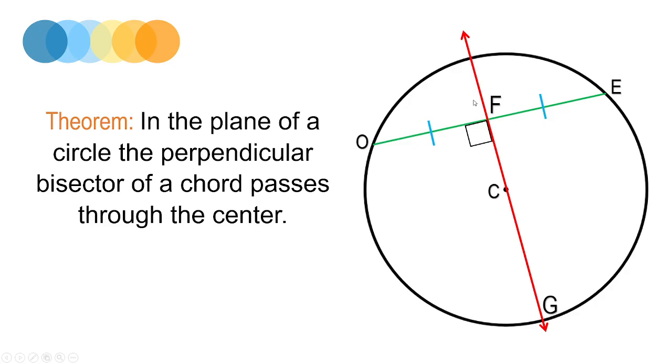It is said that it passes through the center. The red line, being our perpendicular bisector of the green chord OE, if you extend it towards the center, it will really pass through the center for sure. So for any chord, if you make the perpendicular bisector of that chord, it 100% passes through the center. That's what the third theorem is talking about.